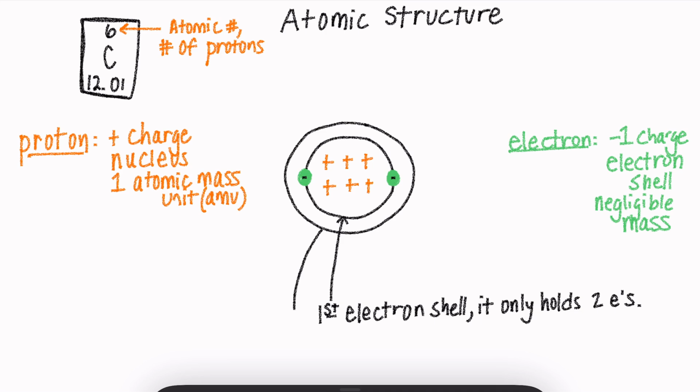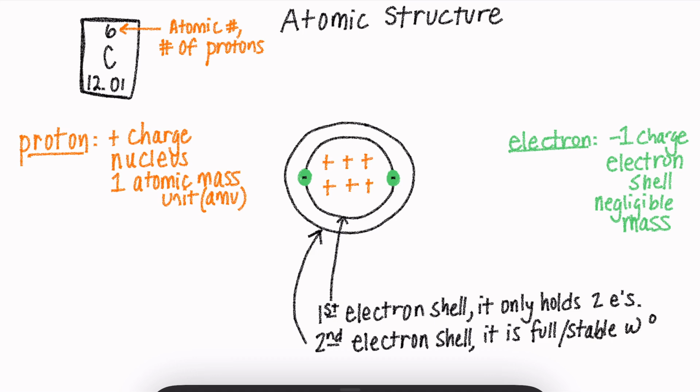This is the second electron shell, and it is full and satisfied. I'll put stable with 8 electrons. So it could hold 8, but in order to get to 6, we only need 4 more, right? Because we've already got 2. So we can do 1 here, 1 here, and 1 here.